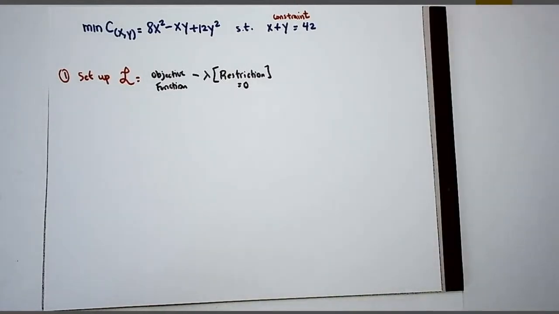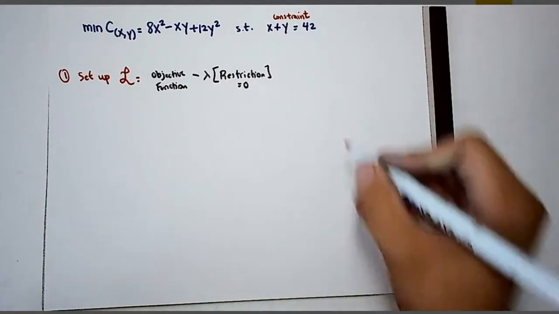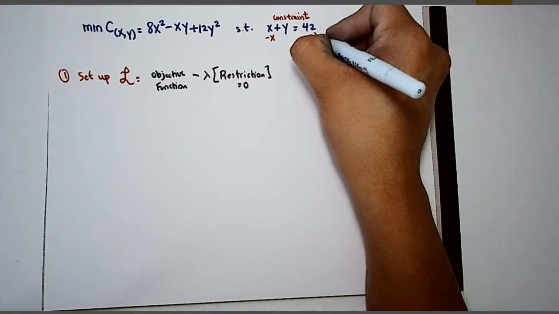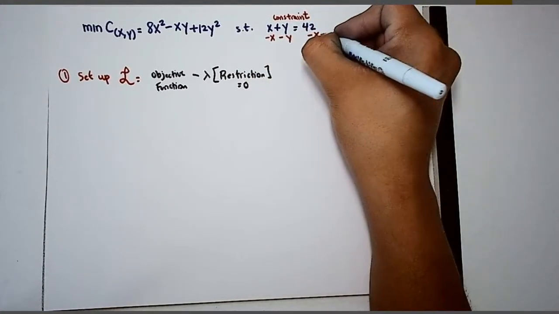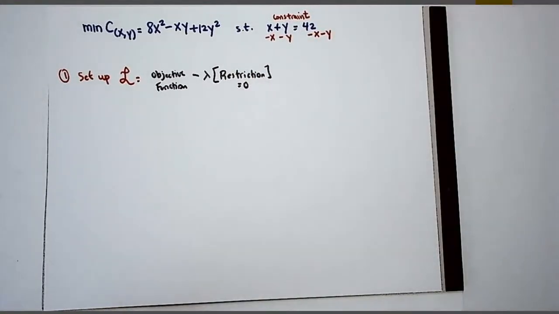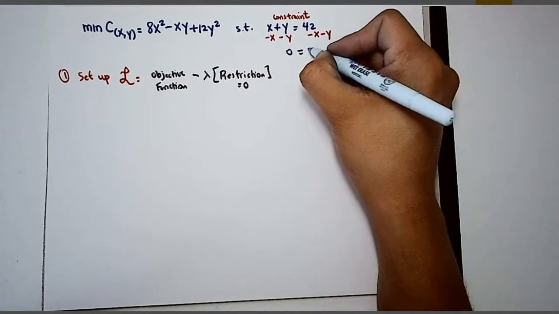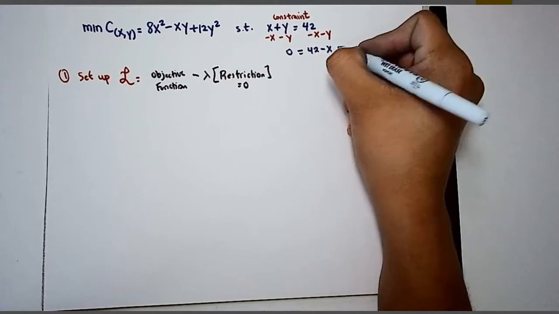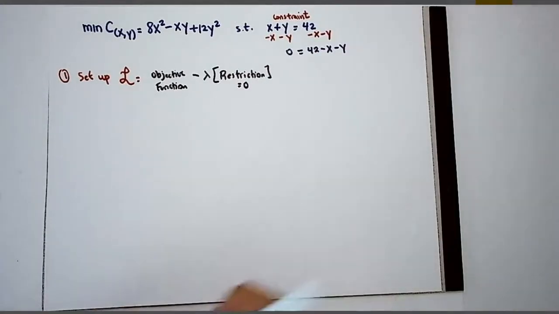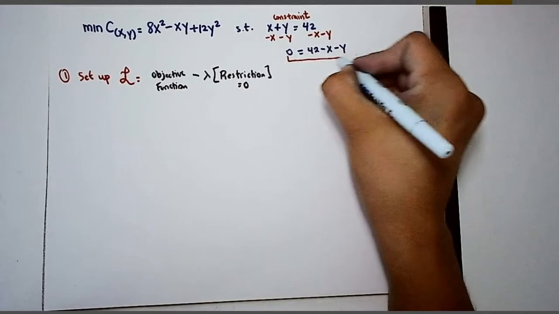In order to make 0, for example, the left-hand side, we can subtract x and y from both sides. So here we have 0 equals 42 minus x minus y. So this will be the restriction.